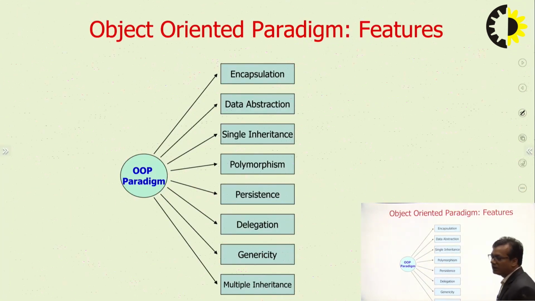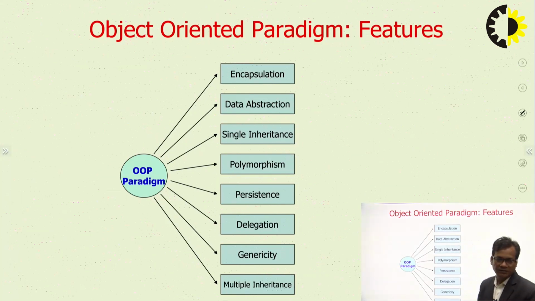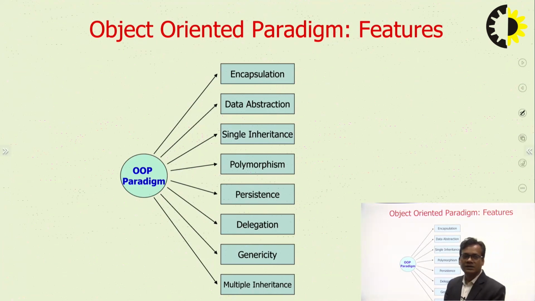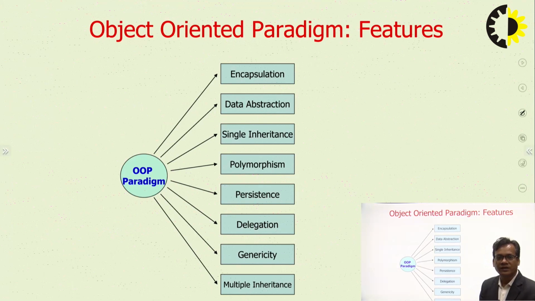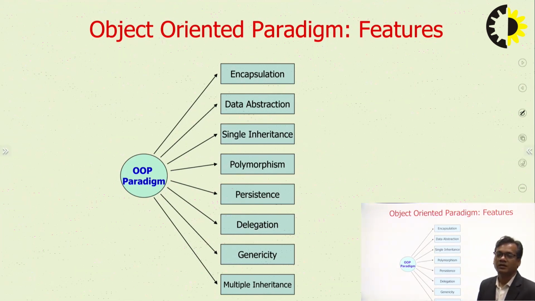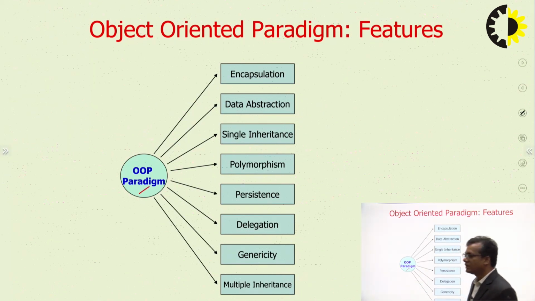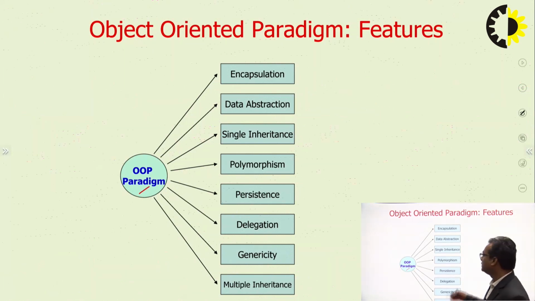Now we come to the features of the object oriented paradigm. What are the different features of this paradigm? We will discuss them here in a short way, then we will define them one by one in elaborated form. The object oriented paradigm consists of these features or properties.